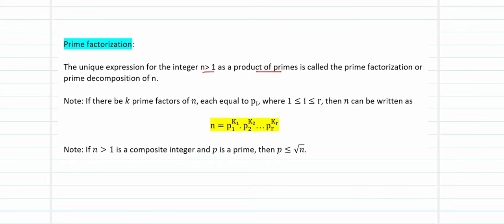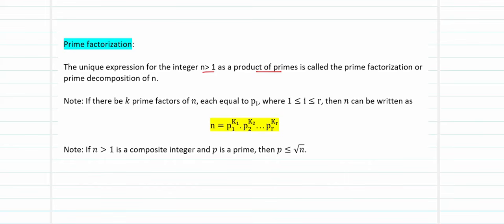So you can split the integer n as p1 power k1, p2 power k2, up to pr power kr, so that each of these pi's is prime, raised to some power k1, k2, kr and so on, where 1 less than or equal to i less than or equal to r.